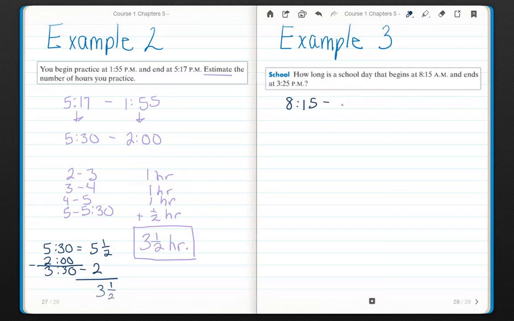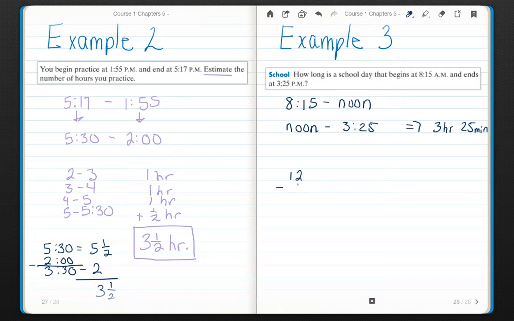So instead, I can break my day into 8:15 to noon and noon to 3:25. Well, I know that noon to 3:25 is 3 hours and 25 minutes. 8:15 to noon, it's a little trickier.